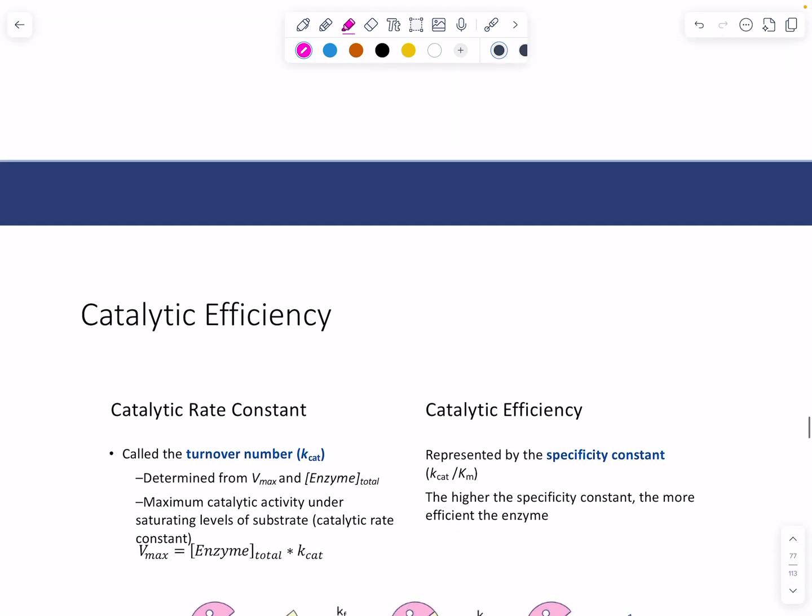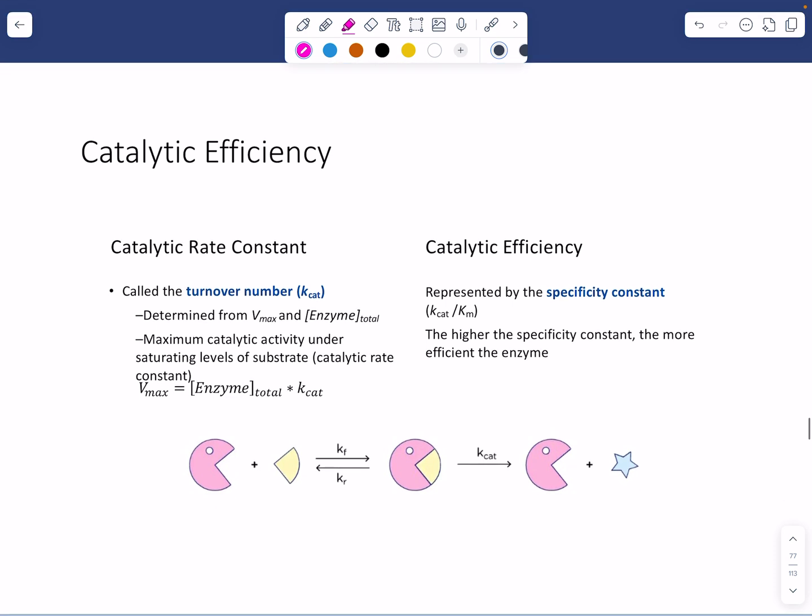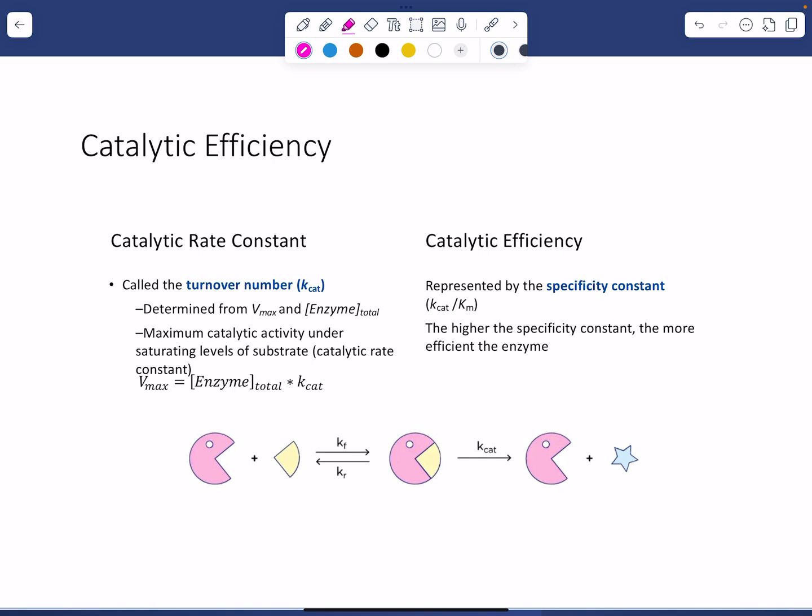All right, so what can we learn? We'll go over what we can learn, and then when we return to class, we're going to be doing some practicing of looking at data and graphs and figuring out these parameters. So the catalytic rate constant, that is our kcat, right? Lowercase k cat. And that's called the turnover number.